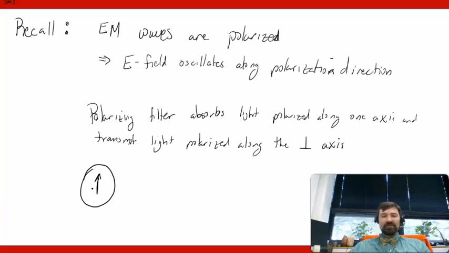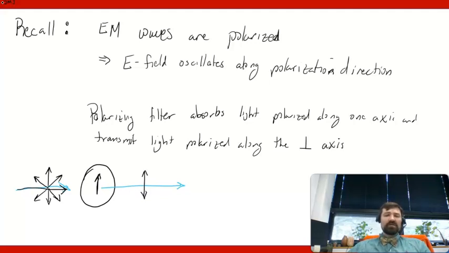So if I have unpolarized light coming in from this direction, let's do it in blue actually, just for contrast, and I have some polarization this way, some this way, some this way, etc., polarization in all directions, then what gets through, assuming that this is an ideal polarizer, is light which is polarized only along this axis.